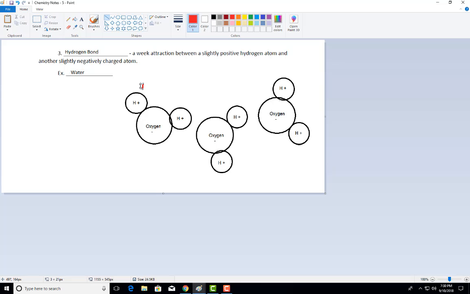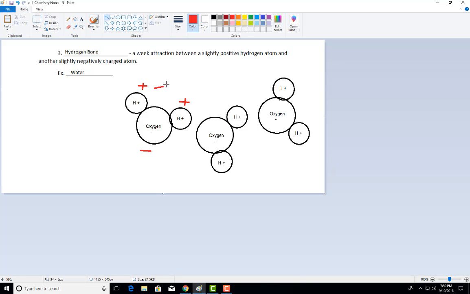It makes them slightly positive. The oxygen, though, has two extra electrons spending more time with it, so what does that do to it? It makes it slightly negative. So this side of the oxygen has a slightly negative charge, and the two hydrogens have a slightly positive charge.